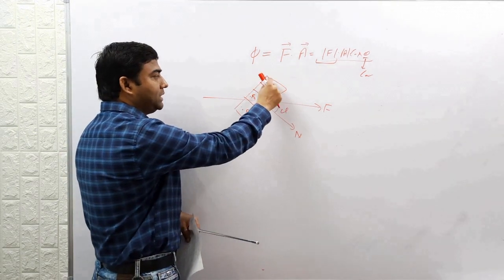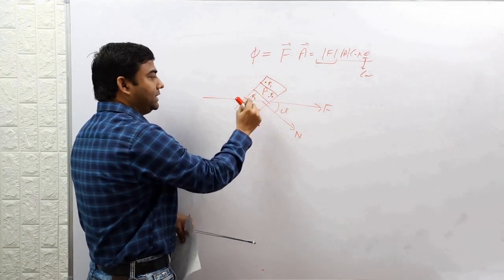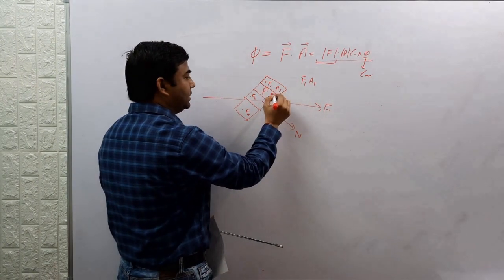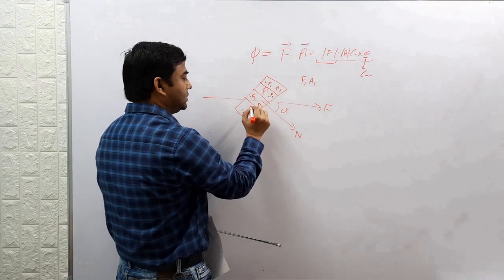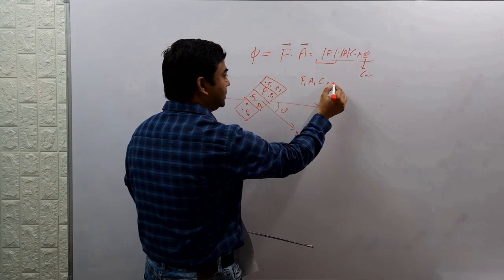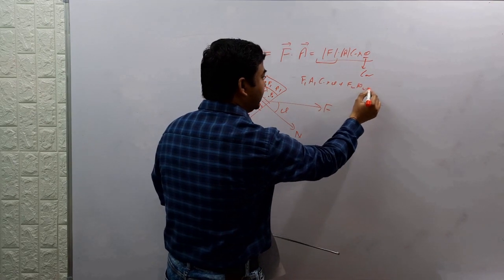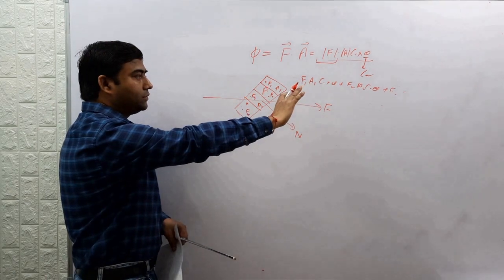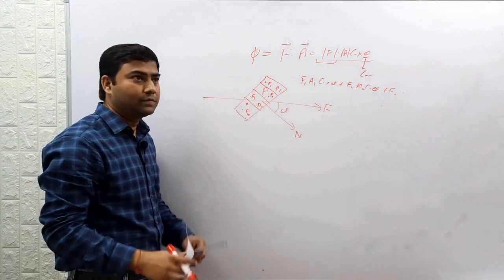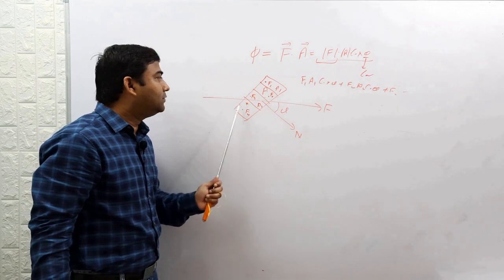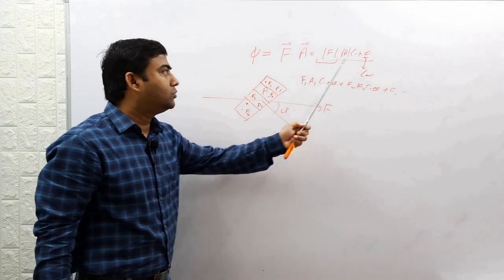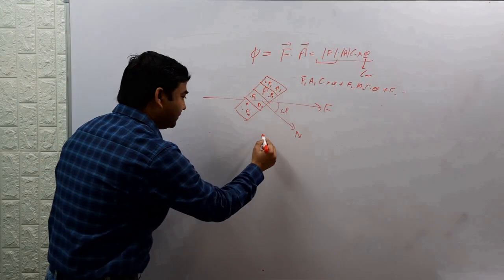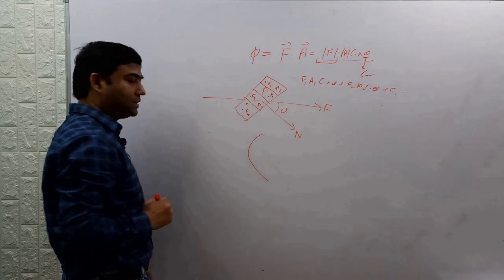You have to calculate flux separately for every area, that is F1 A1, where A1 is the area of this region, this area is A2, this is A3, this is A4. F1 A1 cos theta plus F2 A2 cos theta plus F3 A3 and so on. Add all those fluxes to find the total flux. So when the field is variable, this formula cannot be used directly. Similarly, if the area is not flat, and is a curved area.